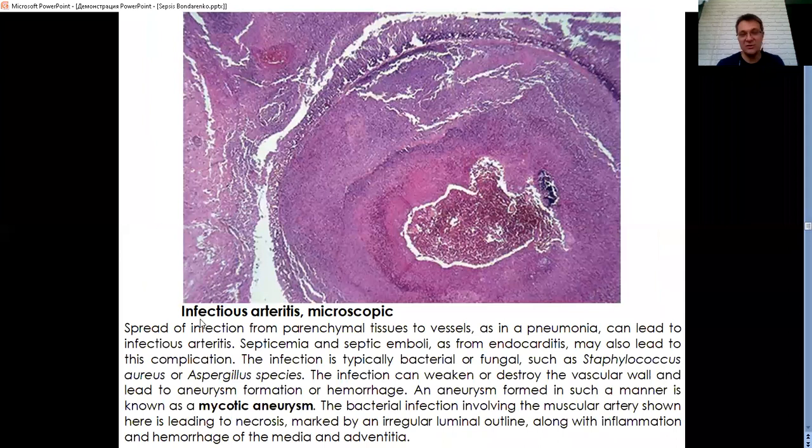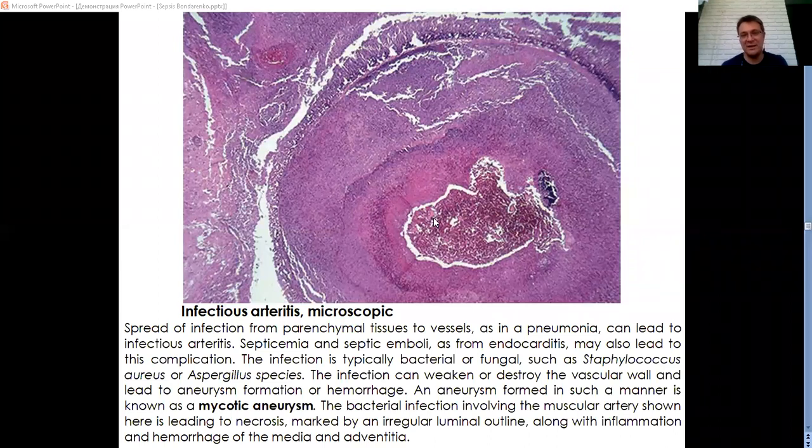Okay, infectious arteritis. That's pretty sure the outcome of the thromboembolism of the bacteria-contaminated thrombi. You see the attachment of the bacterial thrombus within the artery.